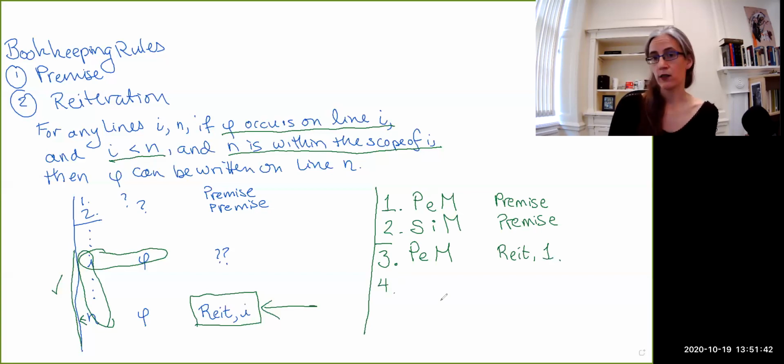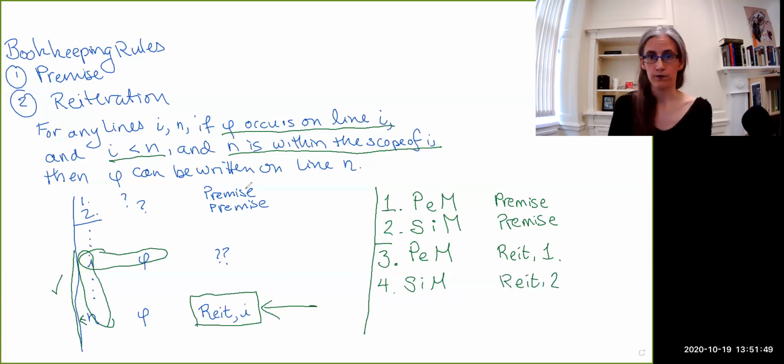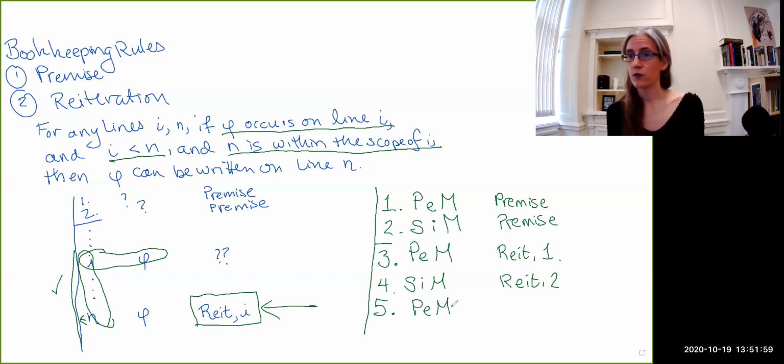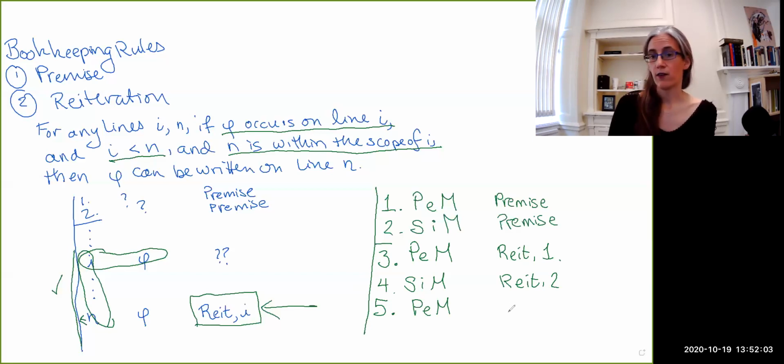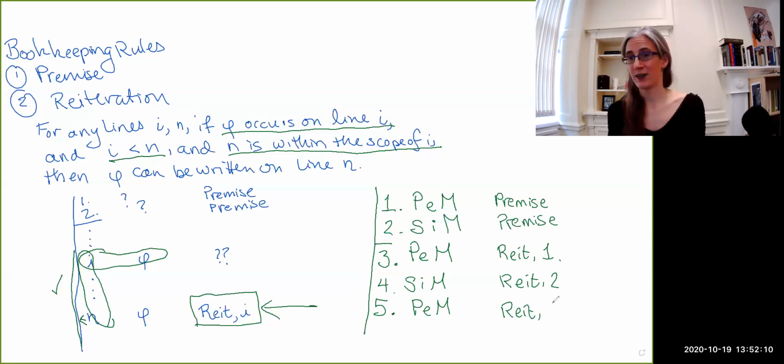Now, if I wanted to, I could extend my proof by reiterating line 2. This is getting to be a very boring sort of proof, but it is a legitimate proof. Now, suppose that I write down PEM again on line 5. Well, this is a reiteration, but is it a reiteration of line 1 or is it a reiteration of line 3?